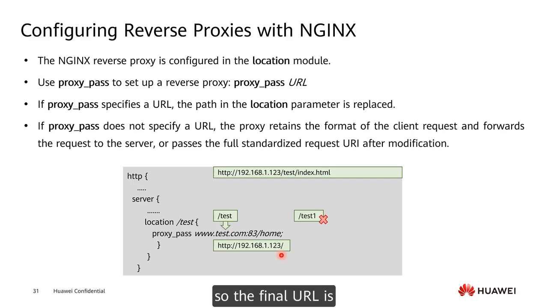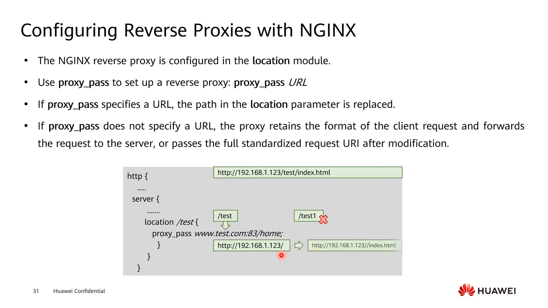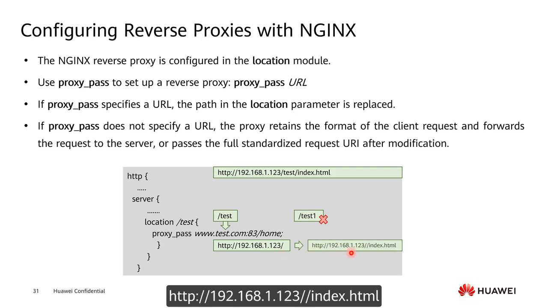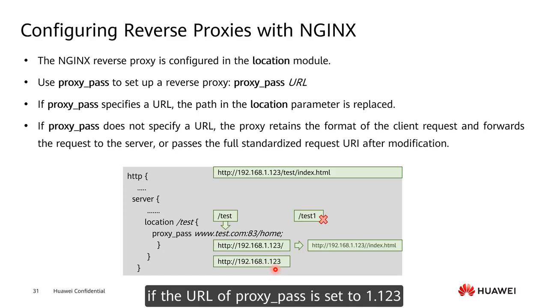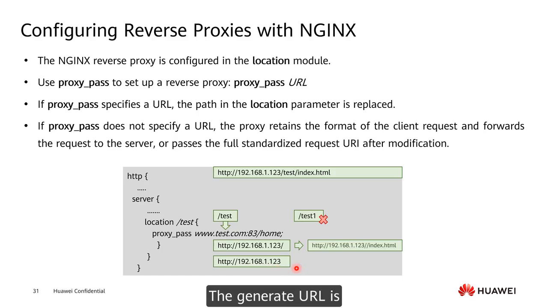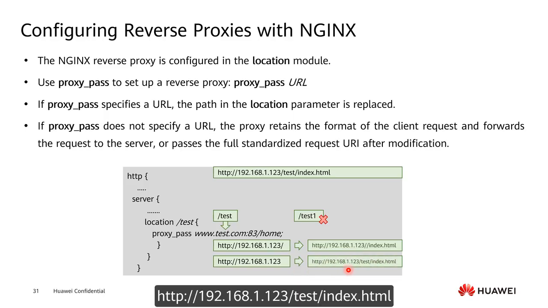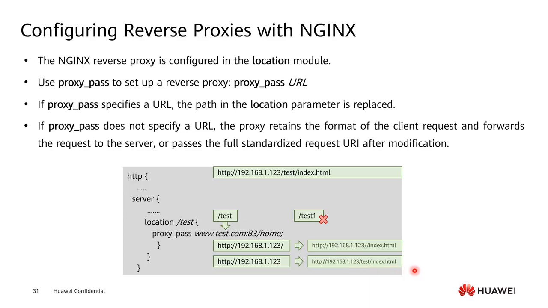So the final URL is 192.168.1.123//index.html. If the URL of proxy path is set to 192.168.1.123, the matching part is retained. The generated URL is 192.168.1.123/test/index.html.